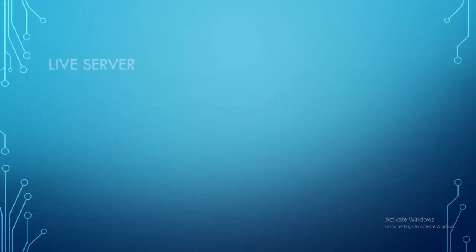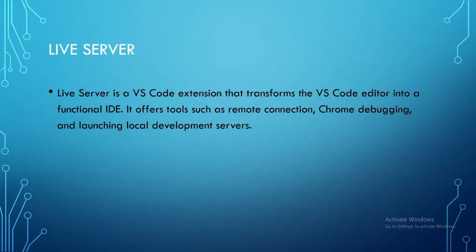Last was live server. Live server is a VS Code extension that transforms the VS Code editor into a functional IDE. It offers tools such as remote connection, Chrome debugging, and launching local development servers. So like I say, it launches local development servers and lets us preview our website.